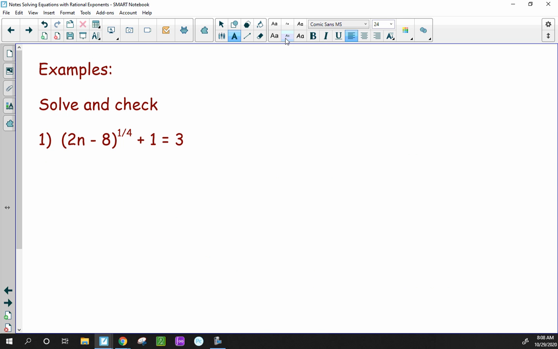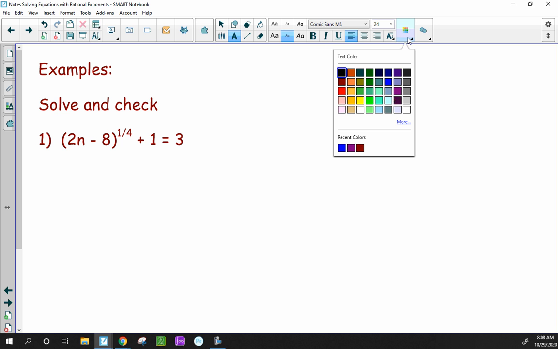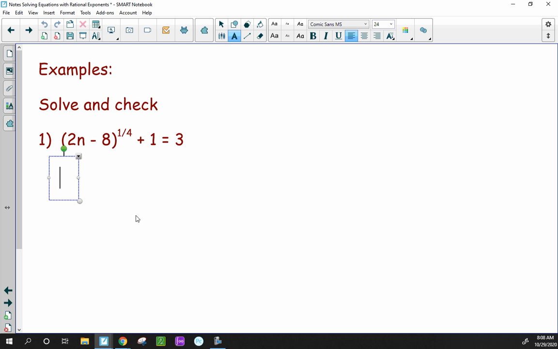Okay, example 1, we have (2n minus 8), notice the parentheses around all of it, and it's raised to the 1/4 power, plus 1 is equal to 3. First step is to isolate this term, isolate that binomial. So your job is to transpose the 1.